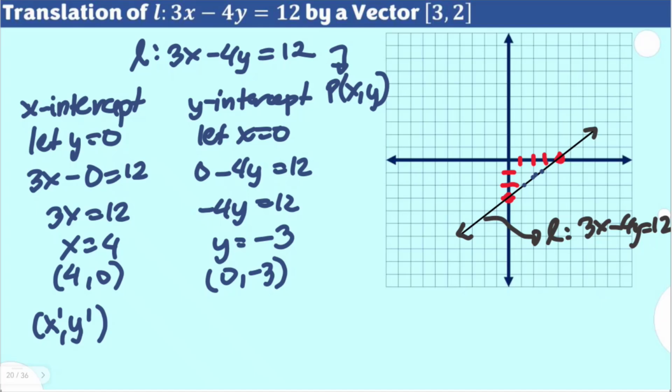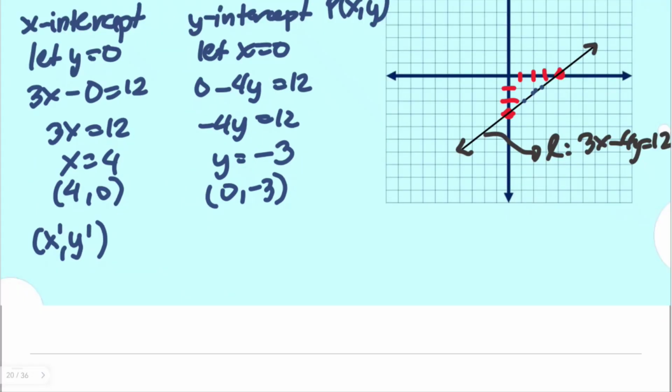Now, for translating a point, let's say (x, y), using a vector with components v sub 1 and v sub 2, the translated point is the sum of the components of your point and the vector.